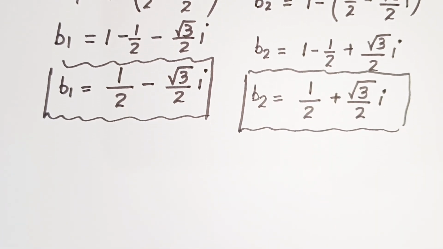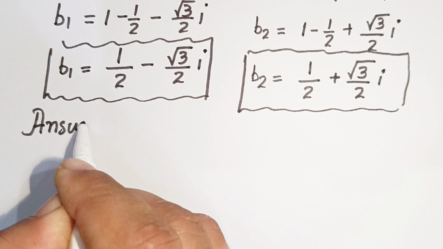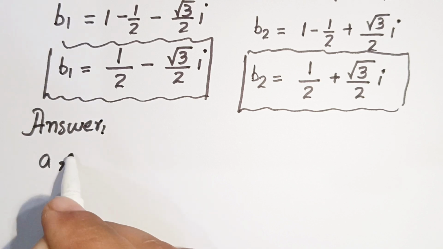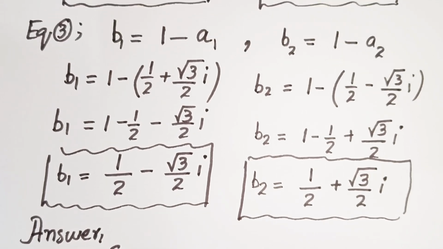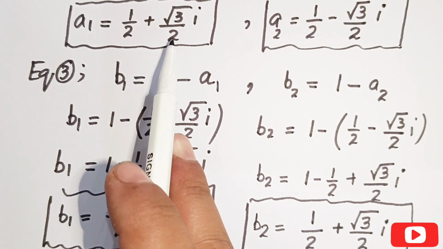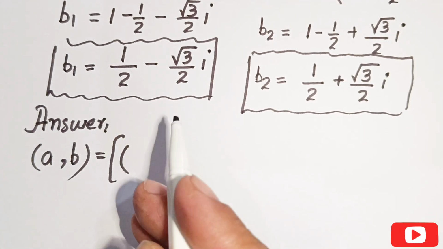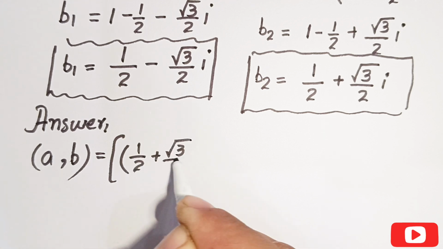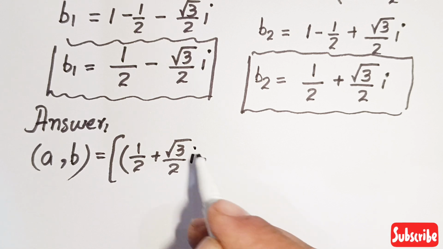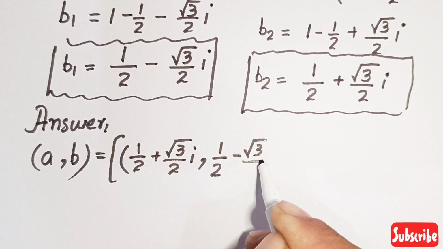Now we have values of a and b, which is our answer, and we have two pairs here. So the first one is a1 is equal to 1 over 2 plus square root of 3 over 2 i, and the value of b for this value of a is 1 over 2 minus square root of 3 over 2 i.